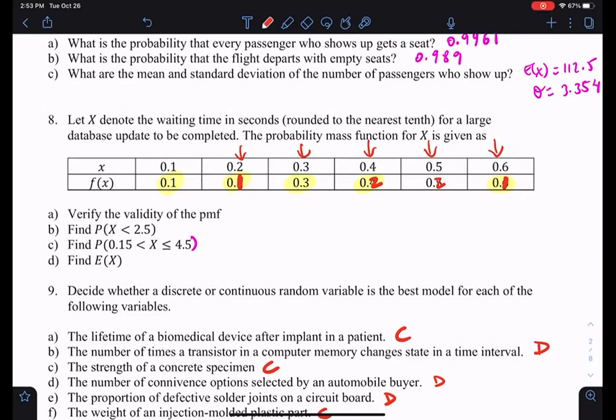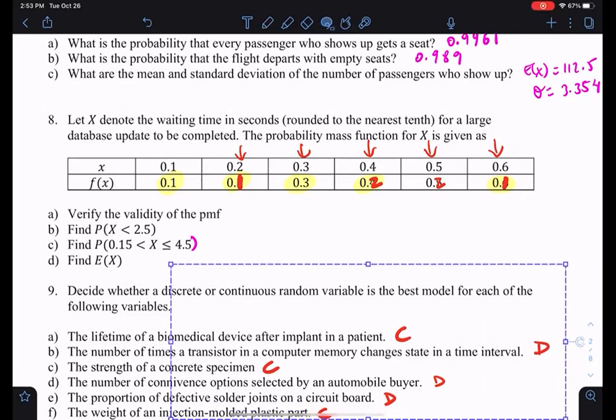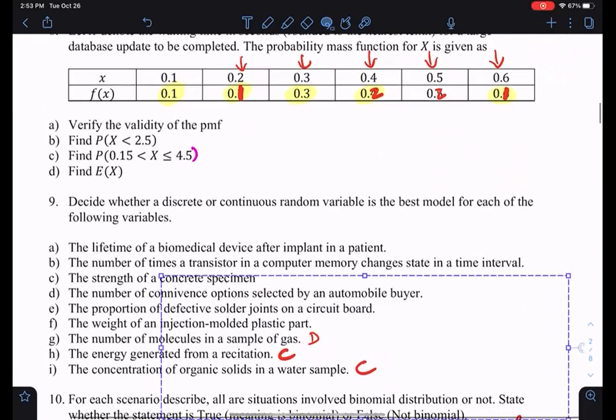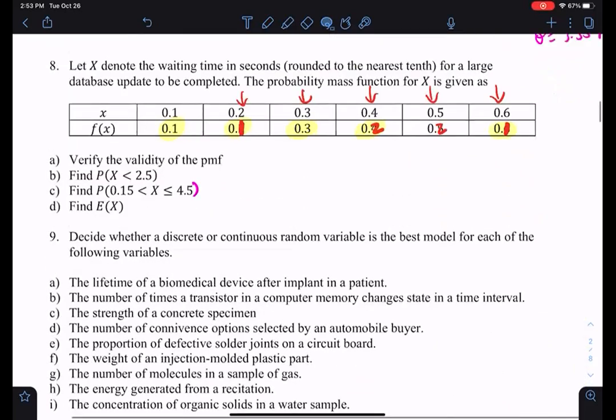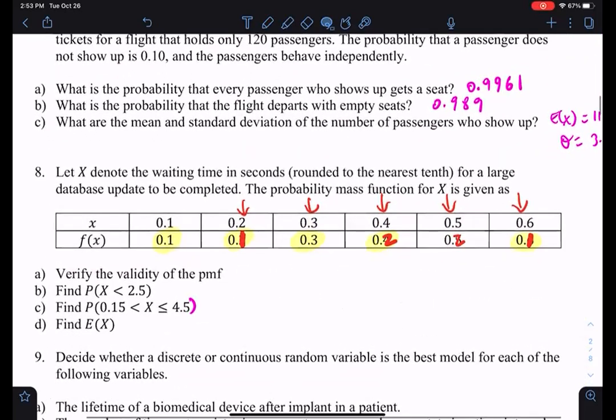Okay, we almost finished this. They're asking you to verify the validity of the PMF. Basically the probabilities have to add up to 1. That's just the axioms of probability. So the sum of the probabilities of x sub i is supposed to be equal to 1.